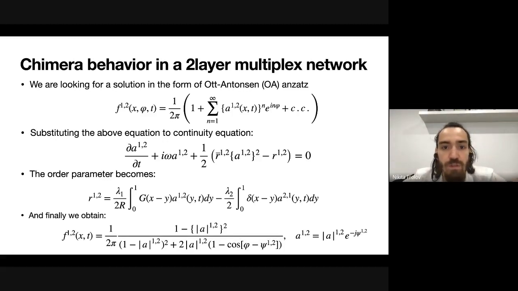Substituting this solution into the continuity equations, we finally achieve the governing equation for the analytical model. Unfortunately, the final equation cannot be solved analytically, but it can be integrated numerically.